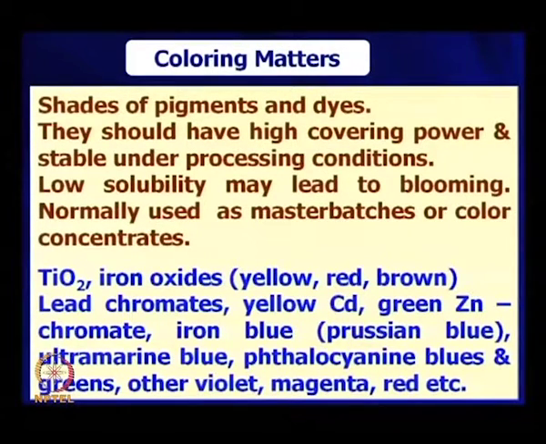Now, you see, for white color what do we use? Titanium dioxide, zinc oxide, good whitener, good white shade. Over that you can put a tinge of some other color, that may be again some inorganic materials, say iron, cadmium, copper, barium, chromium.